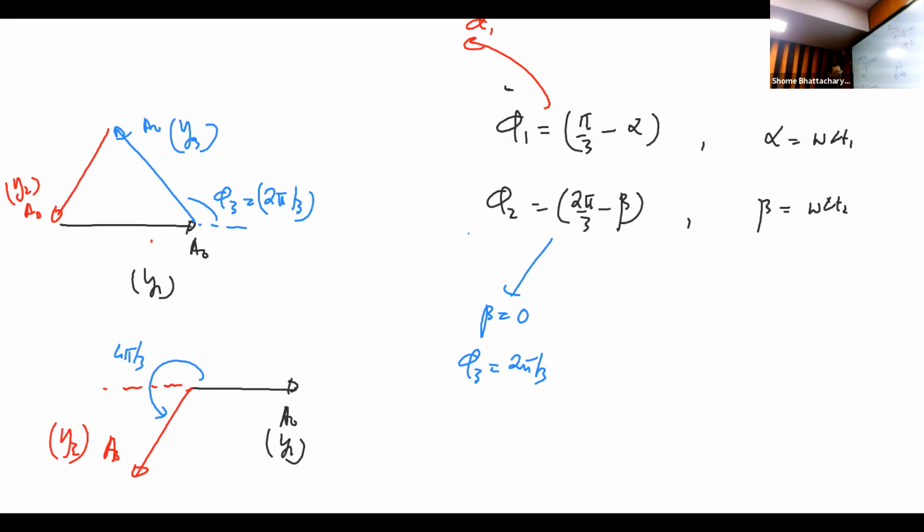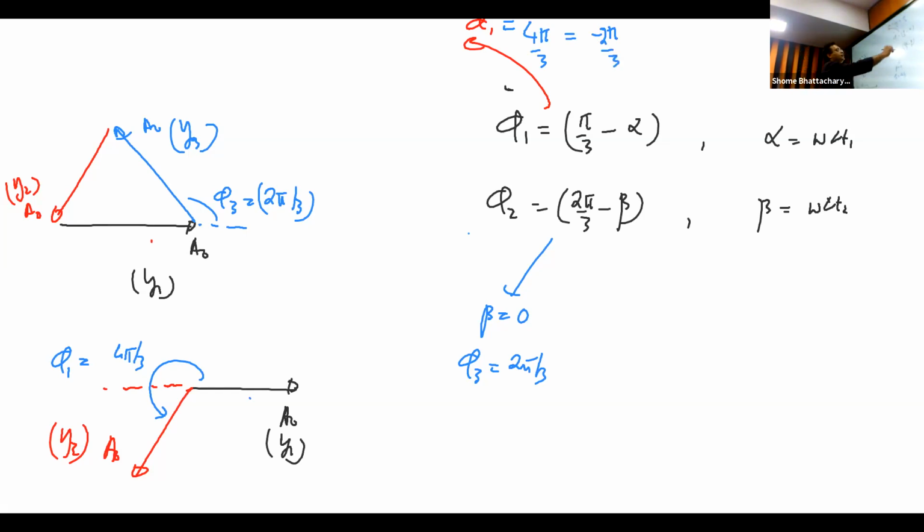So my phi1 equal to this is equivalent to my minus of how much now? 4 pi by 3 or 240 degrees is equivalent to a negative value of 120 degrees, so that's minus 2 pi by 3.